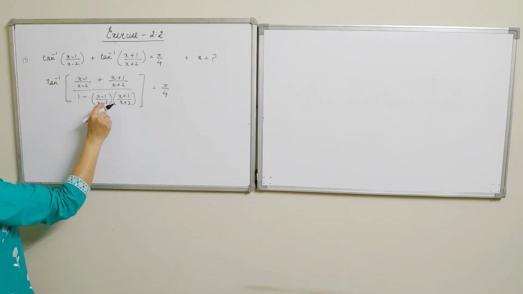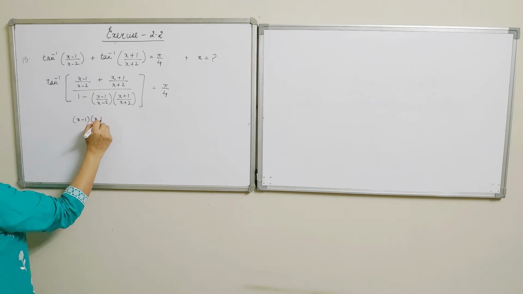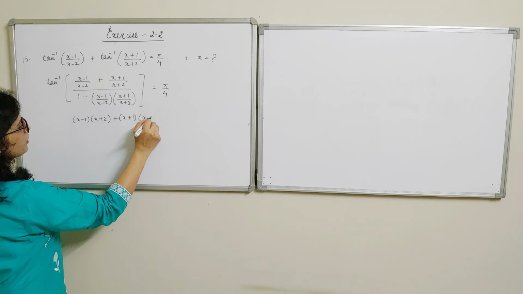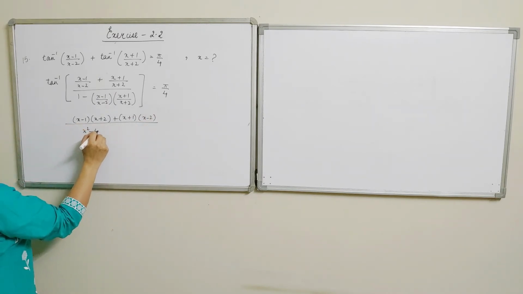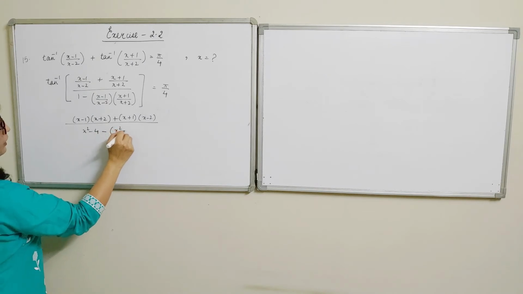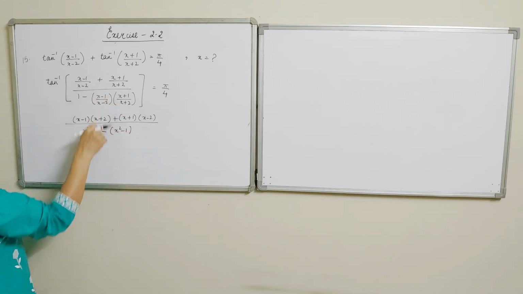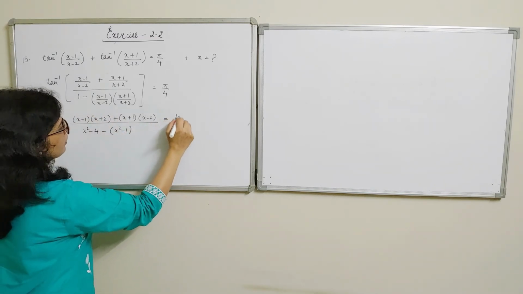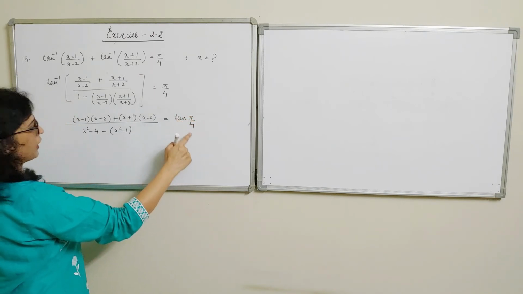So let us simplify this bracket first. So here I shall be getting (x minus 1)(x plus 2) plus (x plus 1)(x minus 2) in the numerator, and in the denominator it should be x square minus 4 minus x square minus 1. So this is the simplified form of the terms in the bracket, and this tan inverse function is shifted to the right side, it becomes tan.